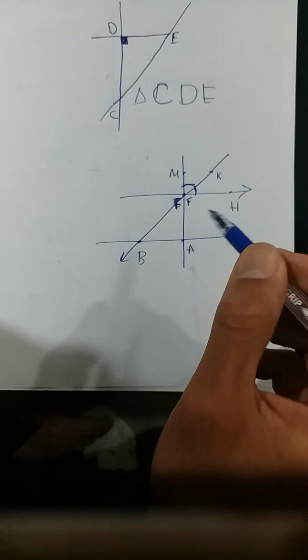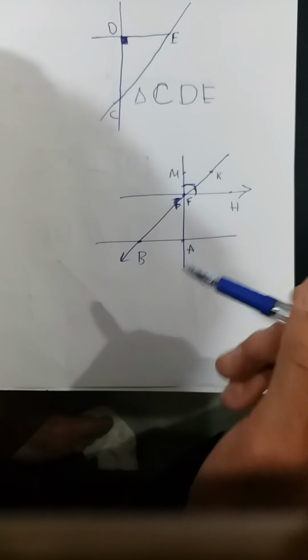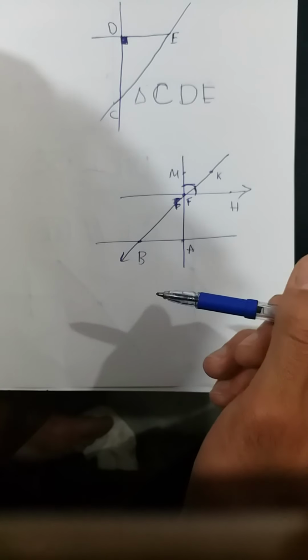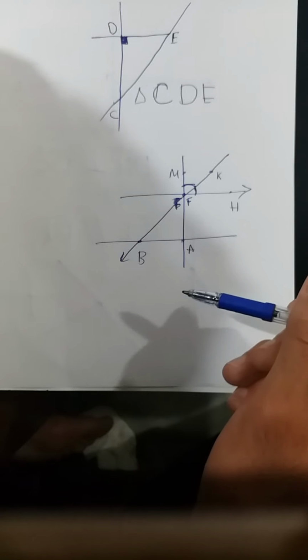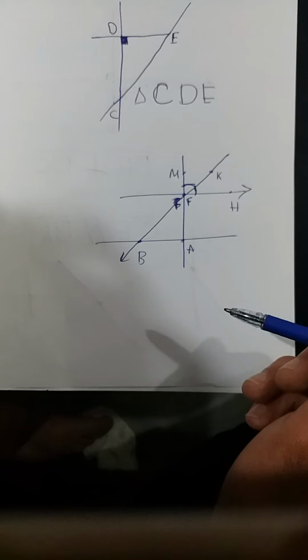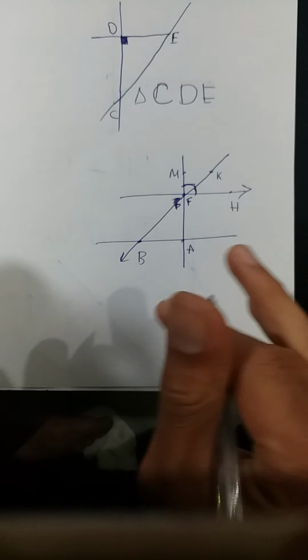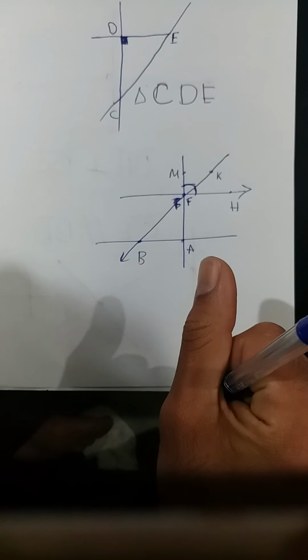Any angle between any two lines that is less than a right angle is an acute angle. And he wants me to pick an obtuse angle. The obtuse angle should be bigger than a right angle.